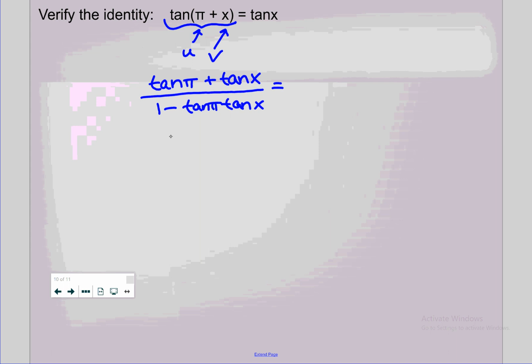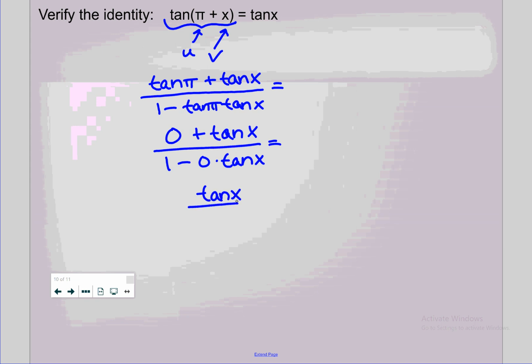It is 0. 0 plus tangent x over 1 minus 0 times tangent x. What am I left with on top? 0 plus tangent x is tangent x. What am I left with on the bottom? 1. And anything divided by 1 is itself. Yep. End.